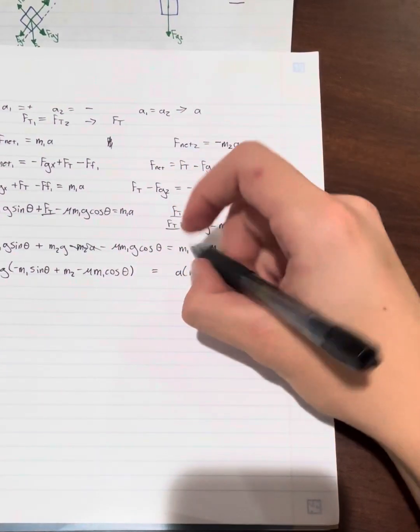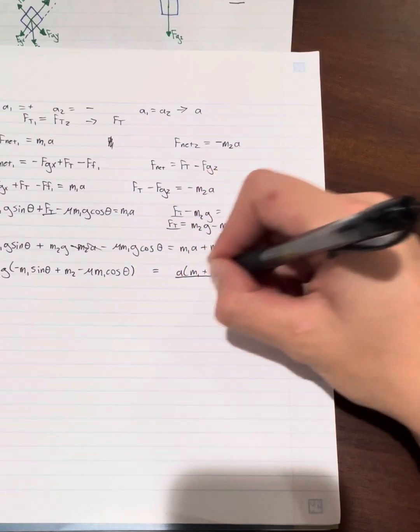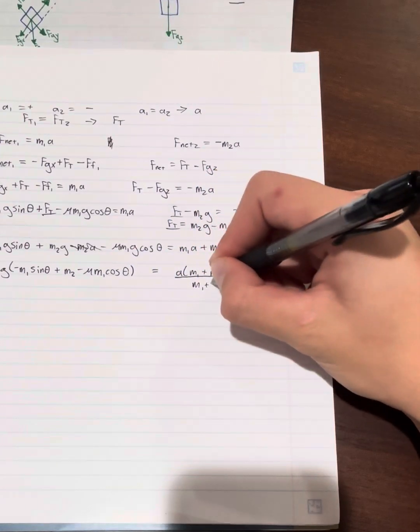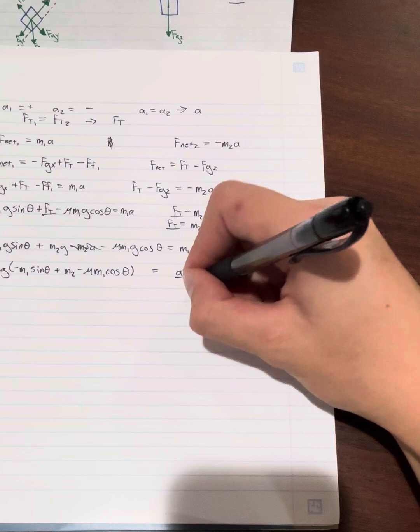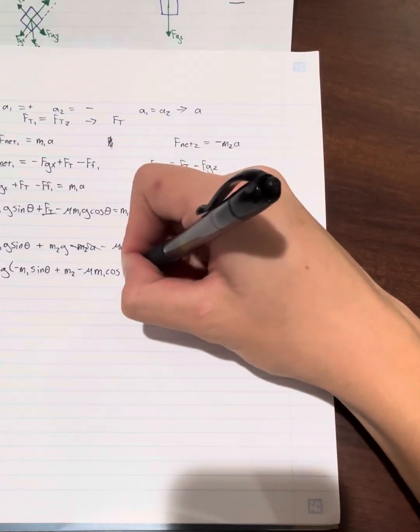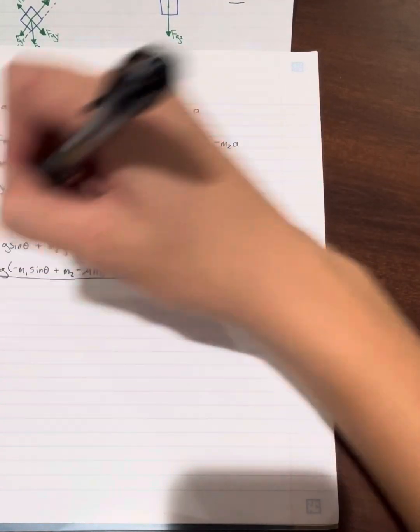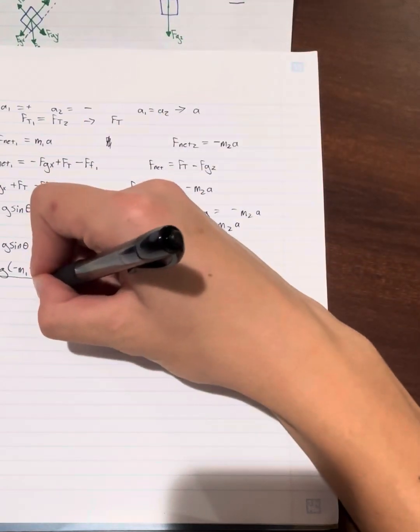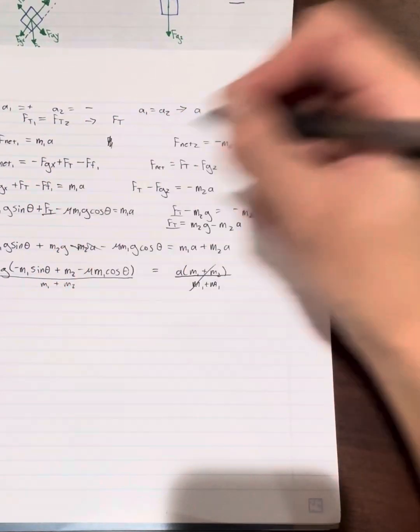It's equal to acceleration times mass 1 plus mass 2. So we're going to divide that away to get acceleration by itself. Mass 1 plus mass 2.